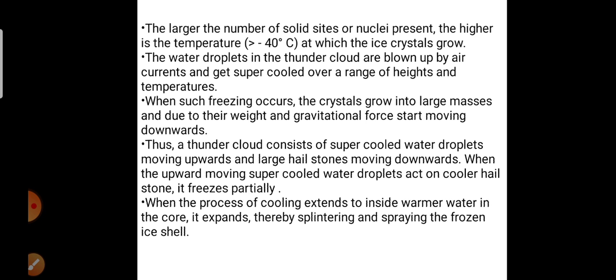When the process of cooling extends to the warmer water in the core, it expands, thereby splintering and spraying the frozen ice shell. This we are talking about zone B.